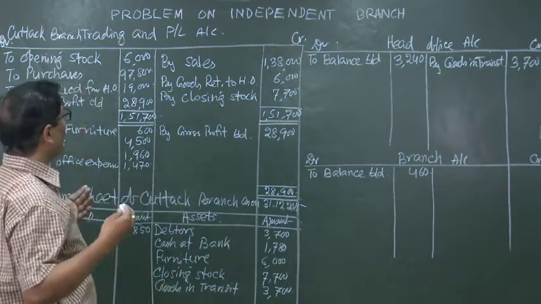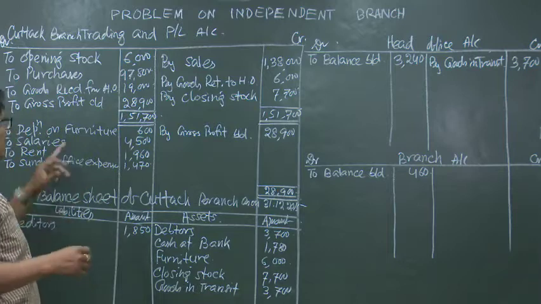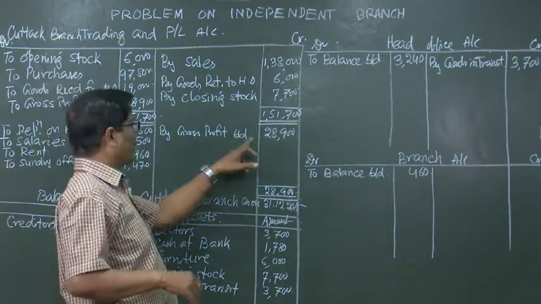All the items which will now come across will have two effects. Here it is the debit effect, here it is the credit effect.